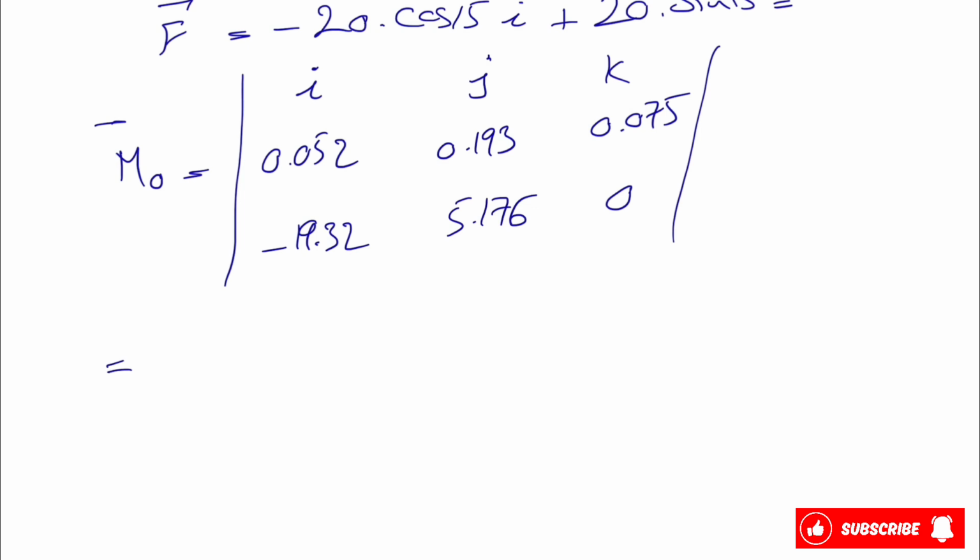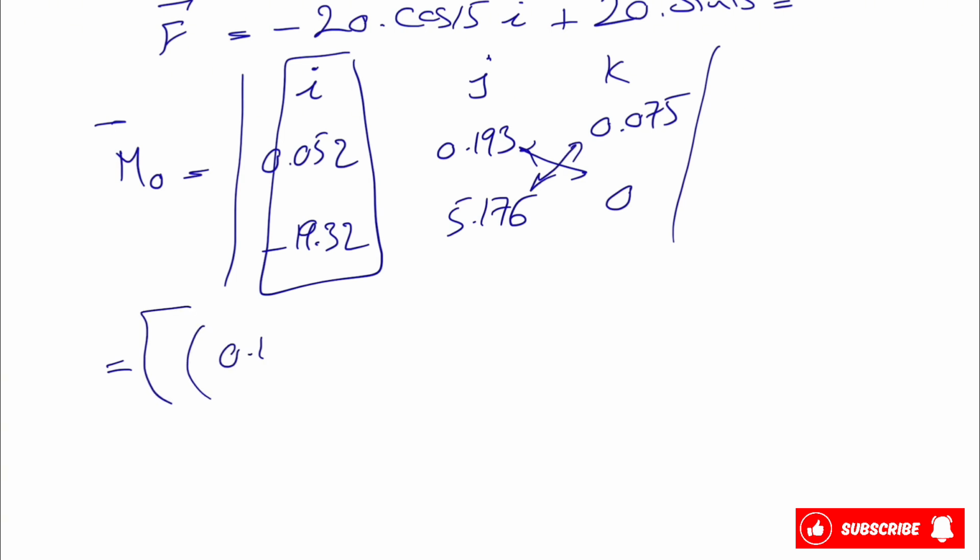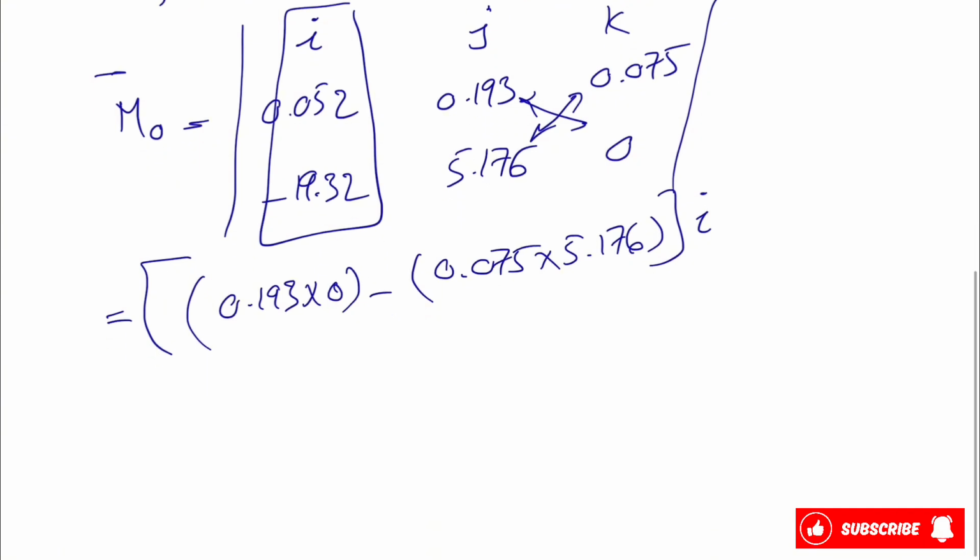And as we covered in the previous two videos for finding the determinant or the moment in 3D, for i, we cover i, and we have these two multiplying each other minus this. So the first part will be 0.193 times 0 minus 0.176. This will be our i.